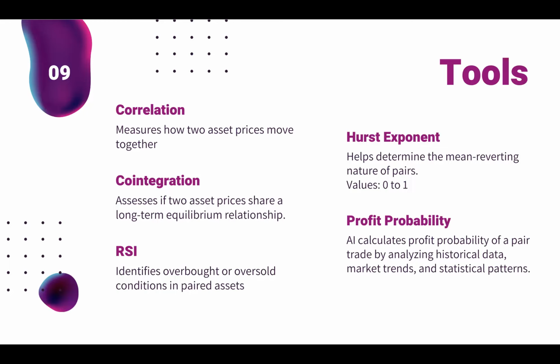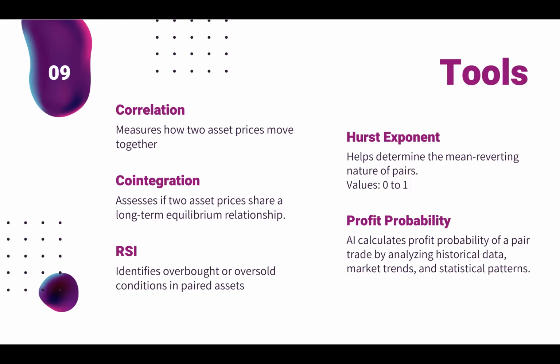The Hurst exponent helps determine the mean reverting nature of the pairs, whether the pair is mean reverting or not. So generally the values are from 0 to 1. If a pair is below 0.5, like 0.48, 0.45 around that range, that means it would be mean reverting. If it is above 0.5, then the pair is trending, in the long term or in the short term.